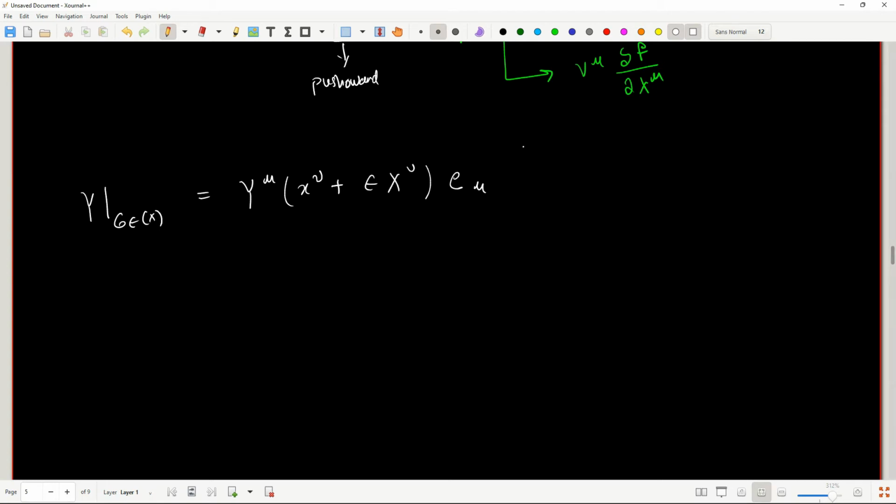Again, I'm not writing the points again, because that is understandable from what we're doing. And if you take a Taylor expansion of this right now, you can just get rid of these indices.